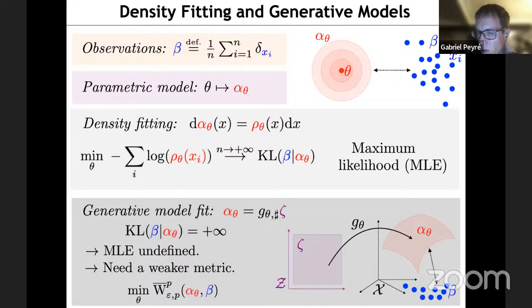It samples random instances from alpha by simply drawing a vector in low dimension. So zeta is some distribution, maybe a Gaussian or uniform distribution in a low dimensional latent space. And then you send this sample to high dimension using a deep network. So G is something that increases the dimensionality from latent space to high dimension.